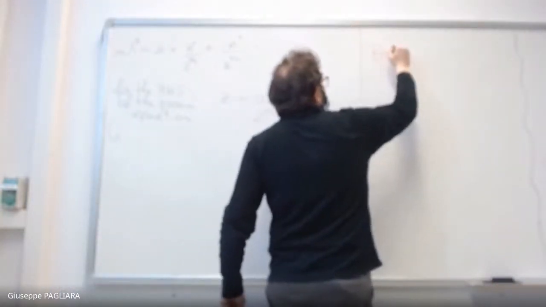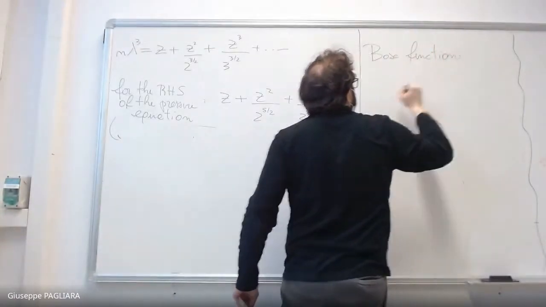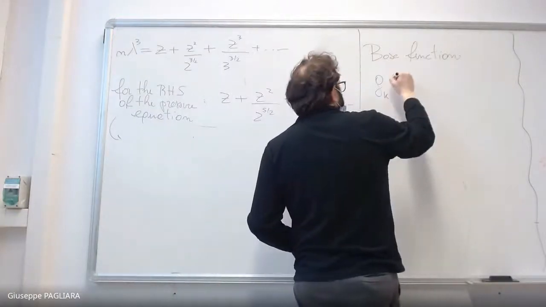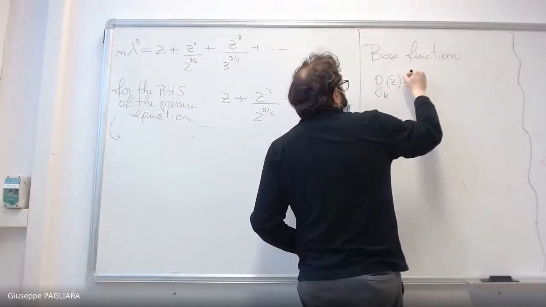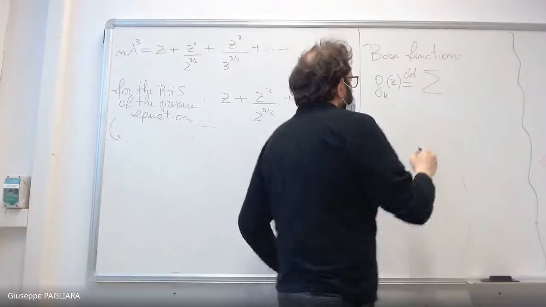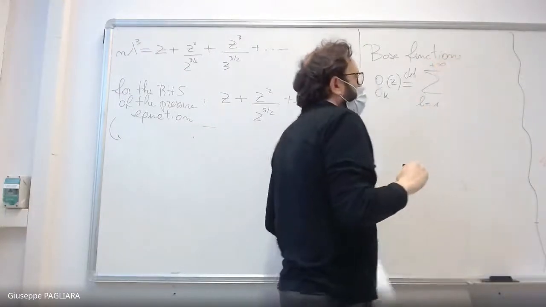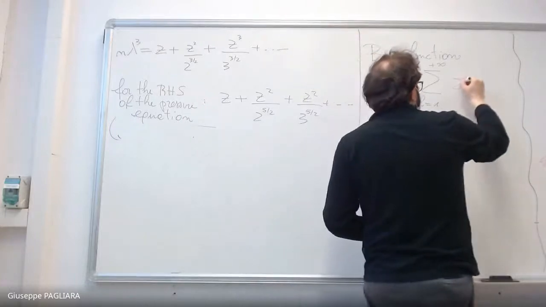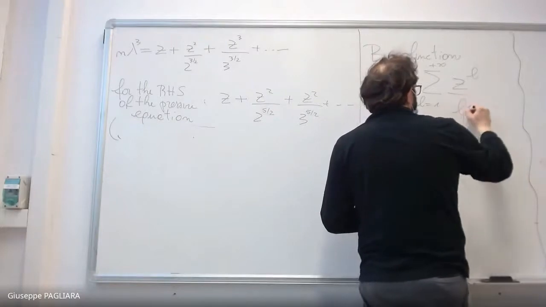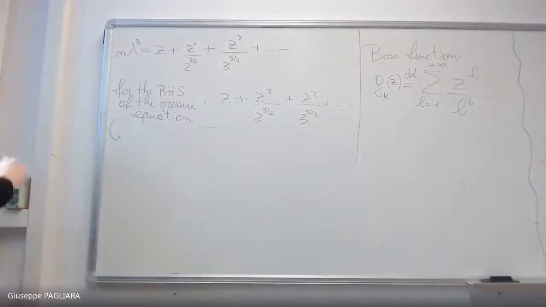So this is the Bose function, which is indicated as g_k of z, and this is defined as the sum from L equal to 1 to plus infinity of z to the power of L divided by L to the power of k. Okay, this is just a definition.